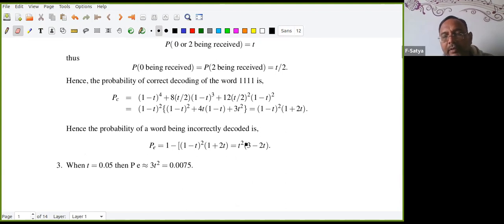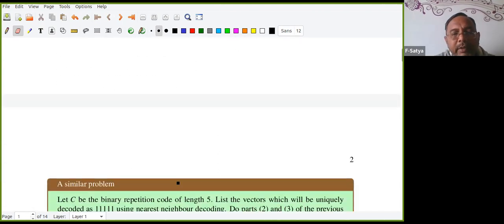So 1 minus of this is the error. So P_E is approximately 3t square. I made a LaTeX mistake earlier. P is very small, so t cube is much smaller, so I do not take it. So this quantity we get. I hope this problem is clear.